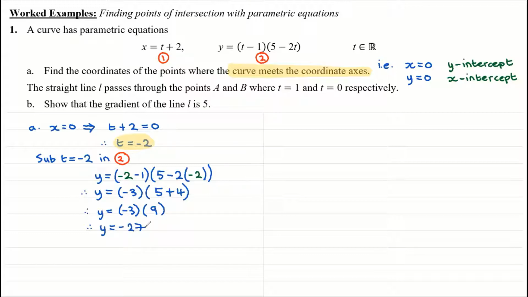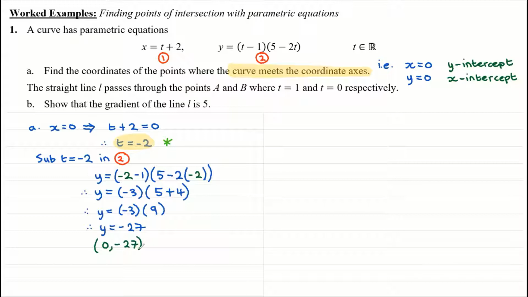Okay, so there's only one y-intercept, and we know this because we only discovered one valid value of t when x is equal to 0. It's not always the case. Okay, so we'll just write down that pair of coordinates. So the y-intercept occurs at 0, negative 27.